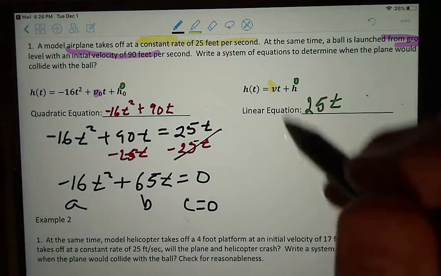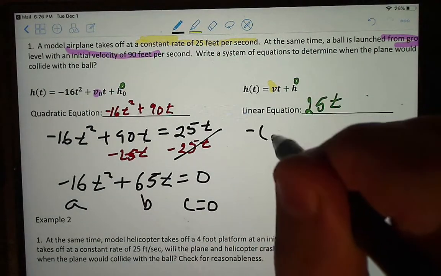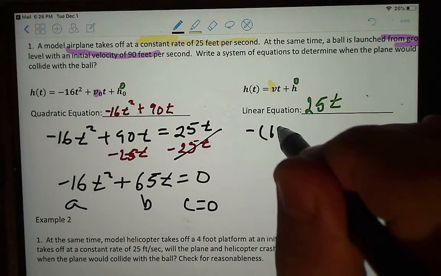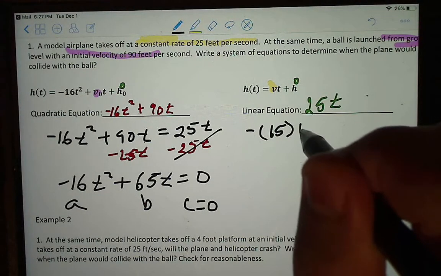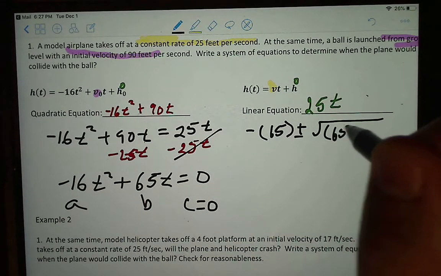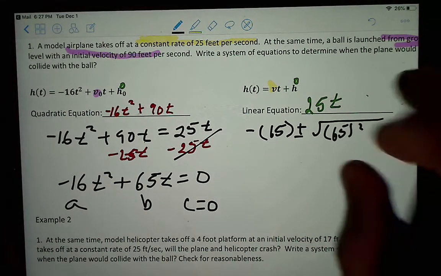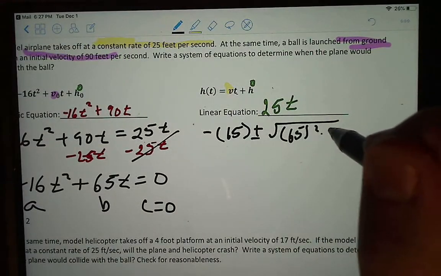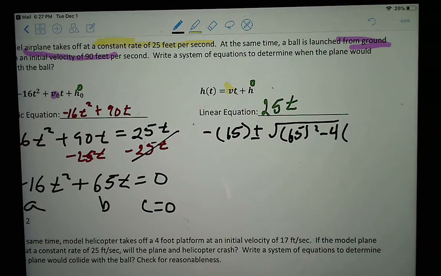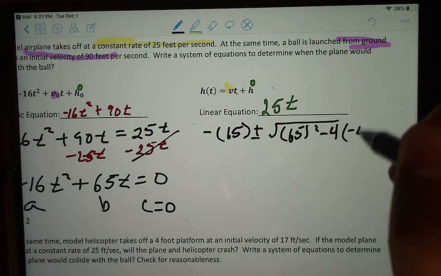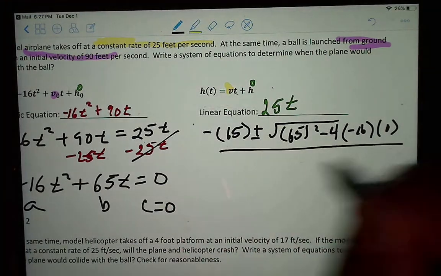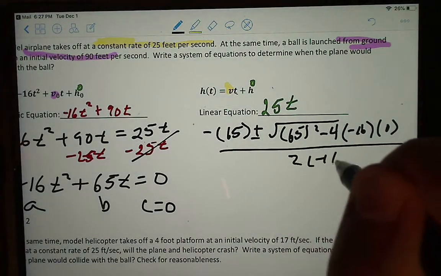So I set it up, negative B plus or minus the square root of B squared minus 4 times A, which is negative 16, times C all over 2 times A.